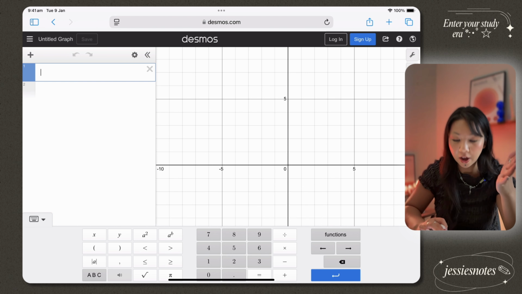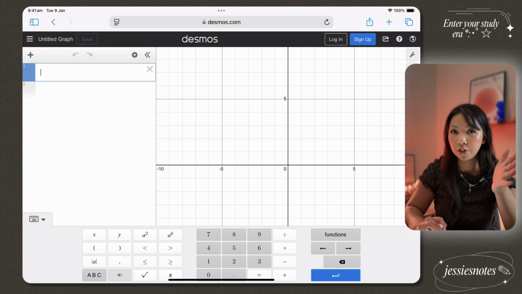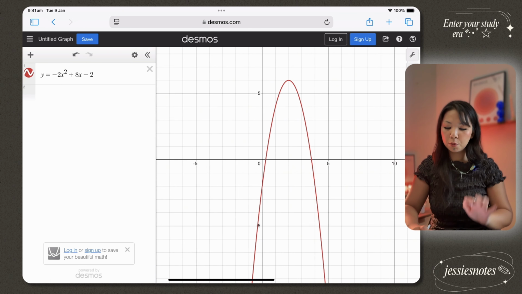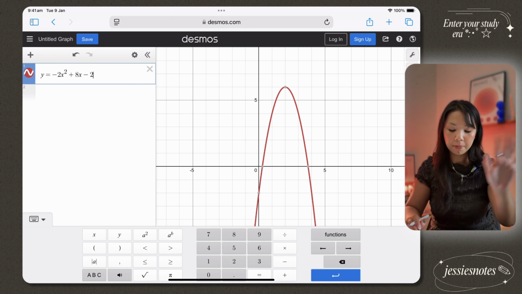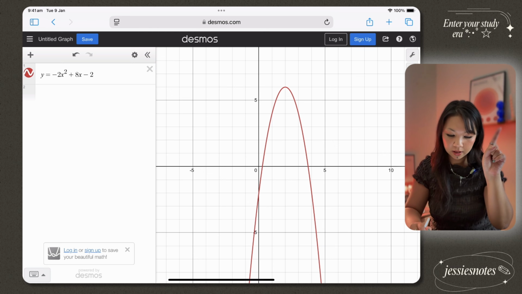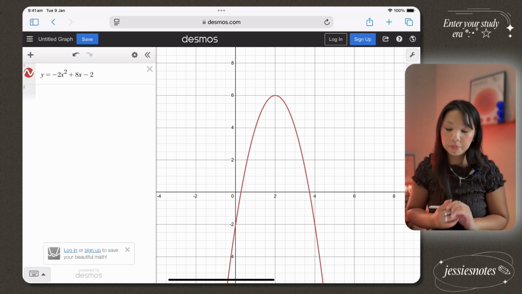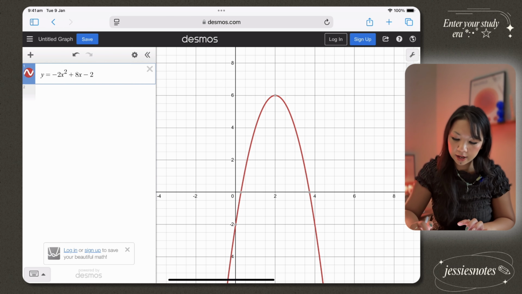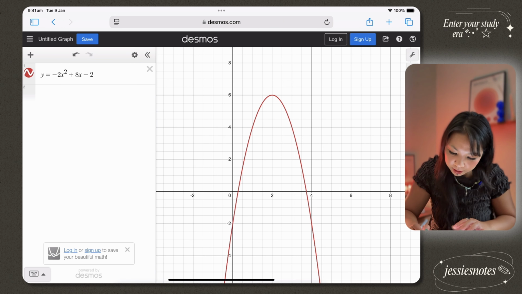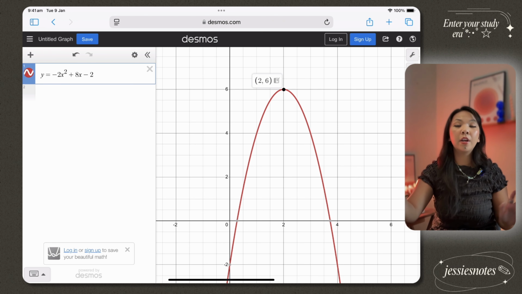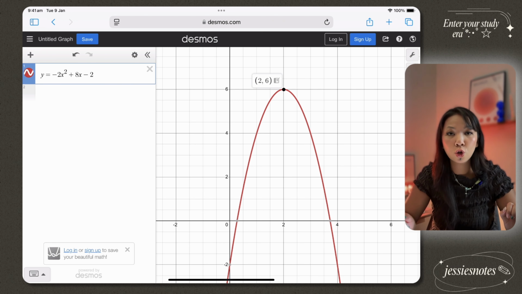If I wanted to draw up the function in the problem, the parabola, it's super easy. You just type it into this little bar over here, and you can see we've drawn up this curve. If I tap onto the coordinate of the stationary point, that's at 2, 6.